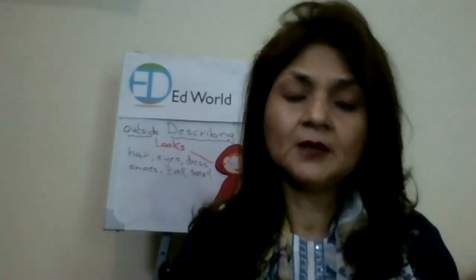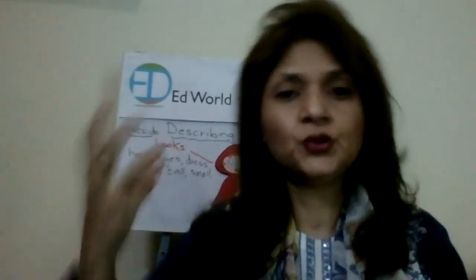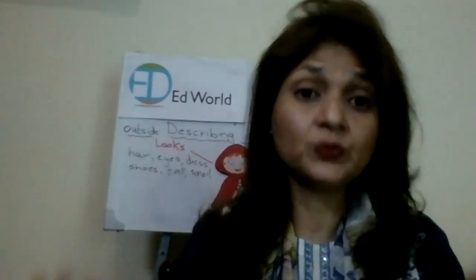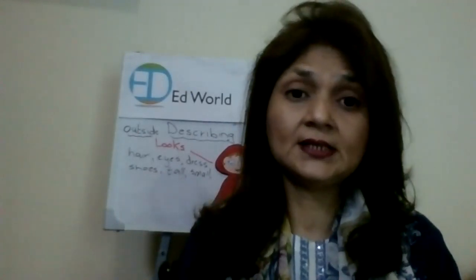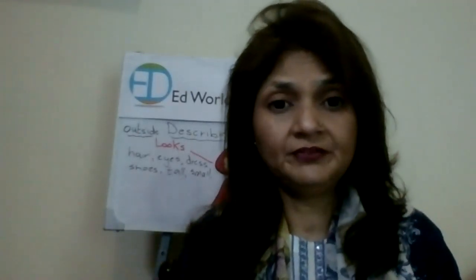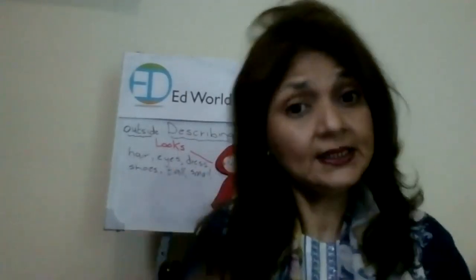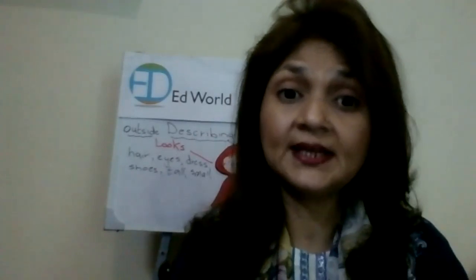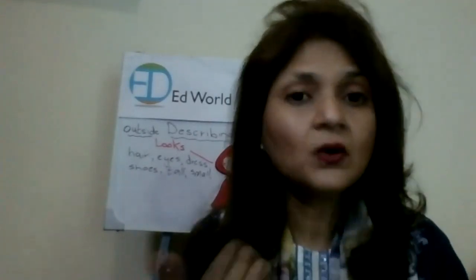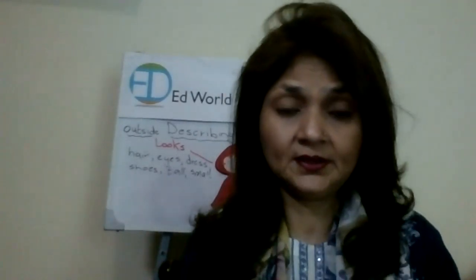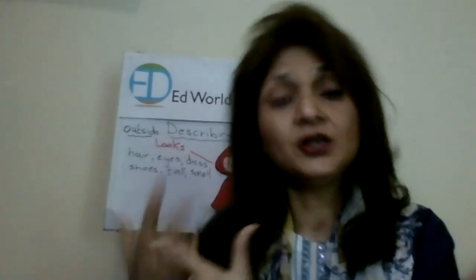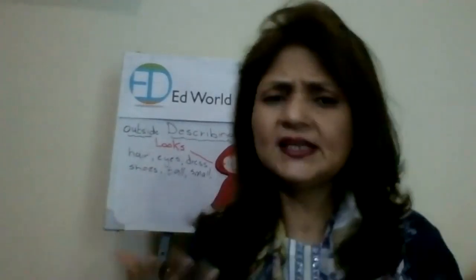And in that comes my hair, eyes, nose, what the character is wearing, whether she has shoes on her feet or not, like that. The outside part. And inside comes the inner personality traits. How is the personality of that person? Whether the person is kind, whether the person is happy, things like that.